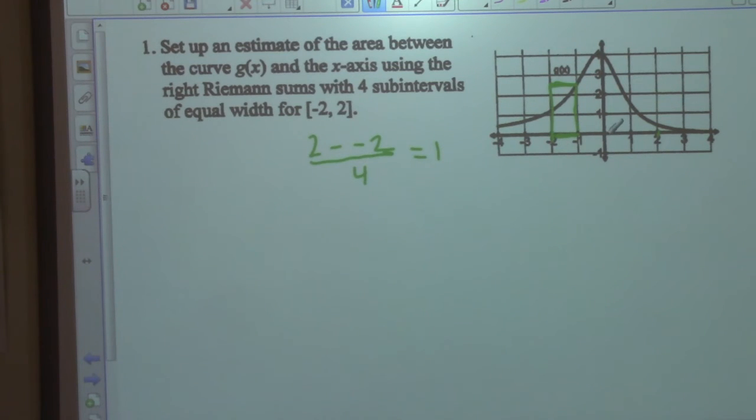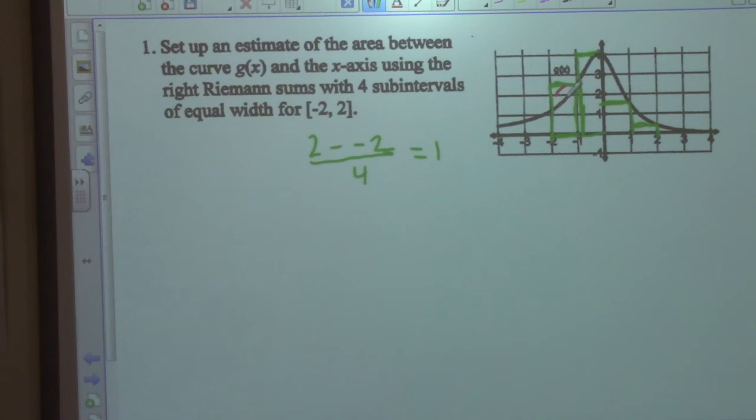And then for our second rectangle, we come right up here, and we go over, and so now we have our second rectangle, and then we come over here, we go up to the curve, and then we go to the left, and we have our third rectangle, and finally at x equals 2, we come right up to here, and then go over like this.